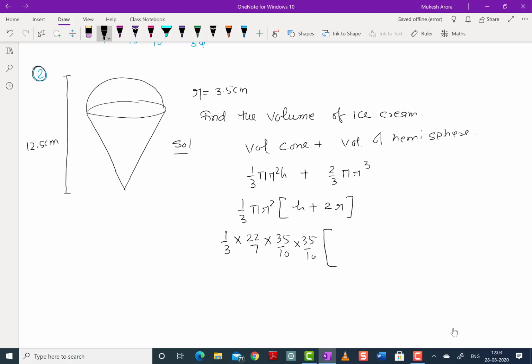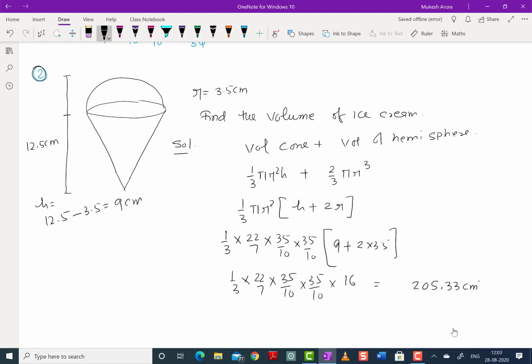Height of conical part is 12.5 minus 3.5 is 9 centimeter plus 2 into 3.5. So 1/3 into 22 by 7 into 35 by 10 into 35 by 10 into 16. So the answer will be 205.33 centimeter cube.